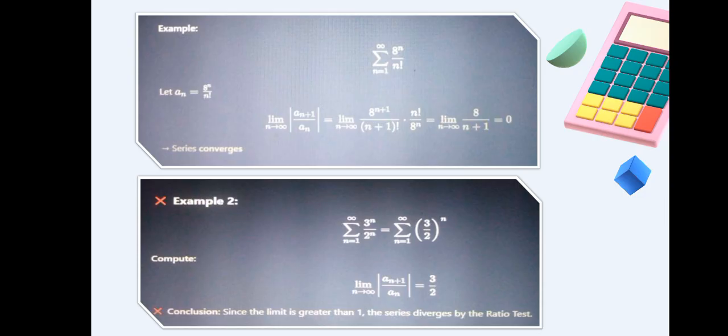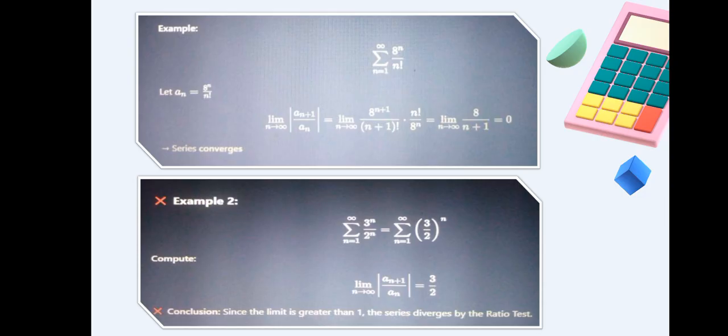Summation of n equals 1 to infinity of 8 raised to n over n factorial. So let a sub n equal 8 raised to n over n factorial. We need to use the formula to test if the series converges or diverges.